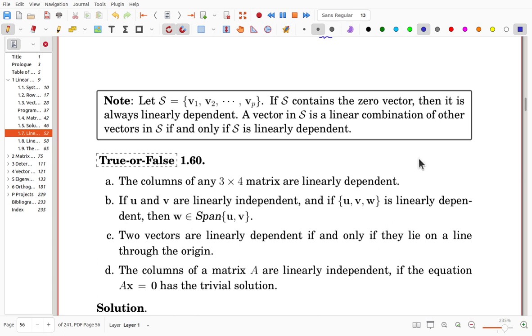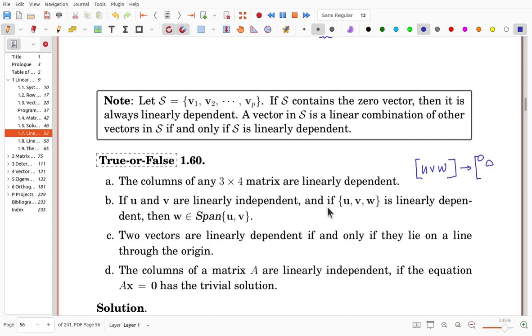If you start with the corresponding matrix U, V, W, then linearly independent means these two are linearly independent, so there is a pivot in the first column, and in the second one another pivot.